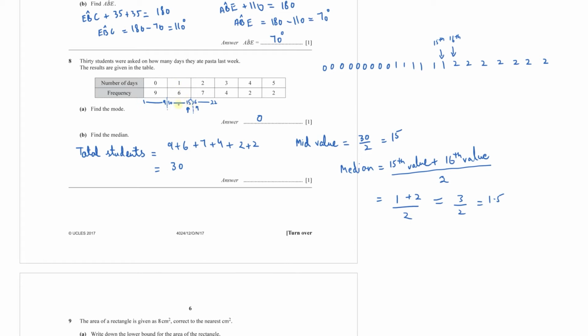You can use these intervals to get the values you want, or if it's not clear through this, you can expand, write all the values and then count to the 15th and 16th value and use those. So your values were 1 and 2, and you added them, then divide by 2 to get a value of 1.5. So your median value is 1.5.